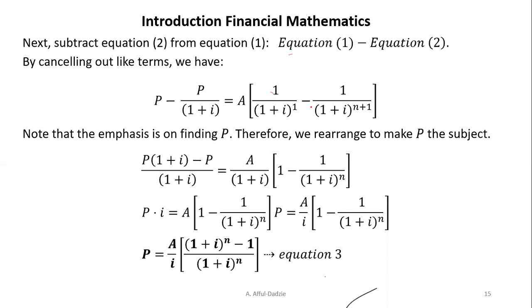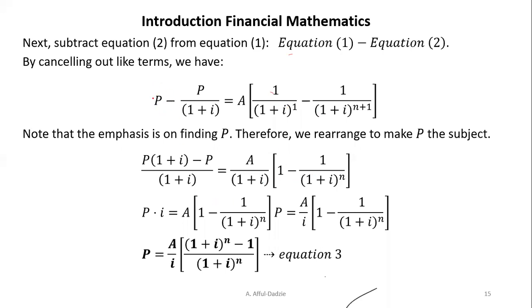These two share stuff, so I think we can factor out 1 plus I to the power 1, which is the same as 1 plus I. If we factor out 1 plus I, you'll be left with 1 minus this to the power n, because this 1 and this 1 go out. So you now have this and all that is left here as this.